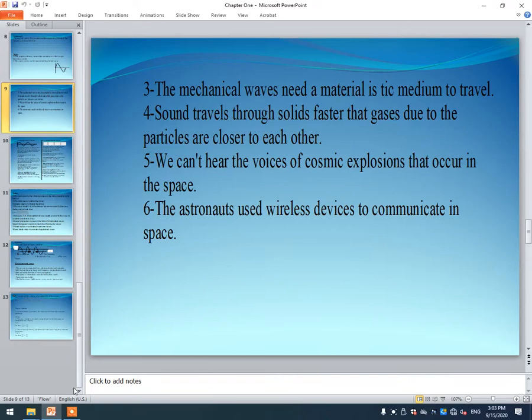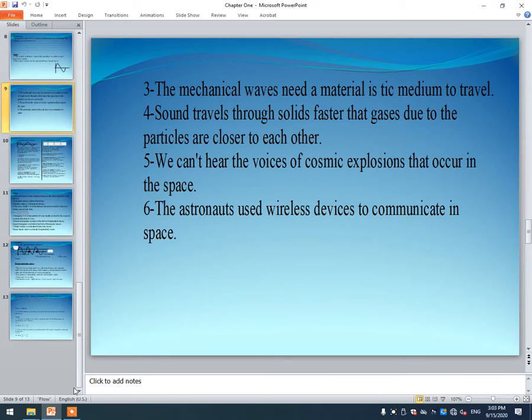But let me ask you about the speed of propagation of this wave. What do you think? Is the speed of sound in air faster or lower than liquid, and faster or lower than the solid? What do you think?